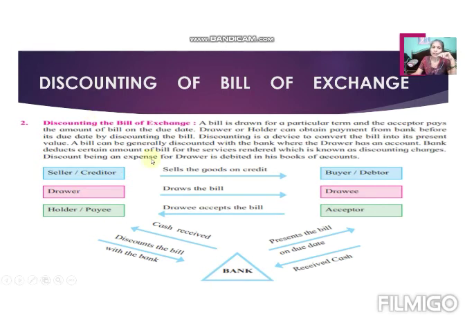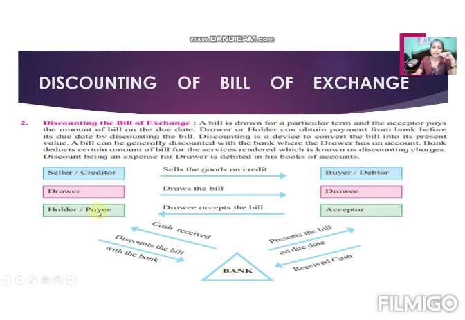So here, discounting of bill of exchange is a liability for the drawer till that bill gets honored by the drawee. If the bank is not getting the payment of the bill from the drawee, then the drawer has to make the payment of the bill to the bank. How that works, we will see when we discuss the journal entries.